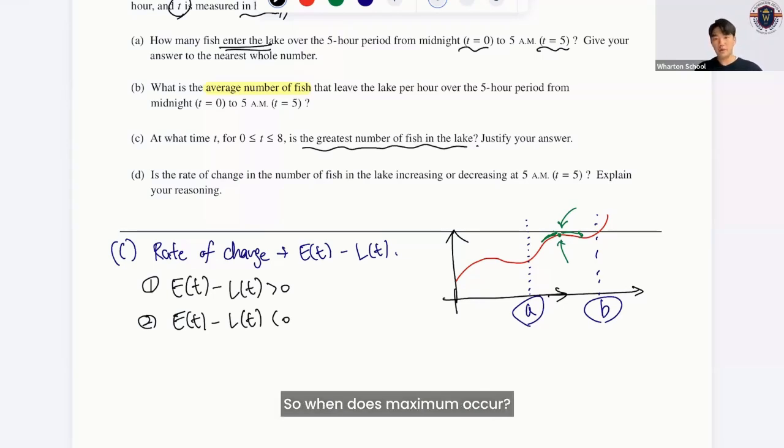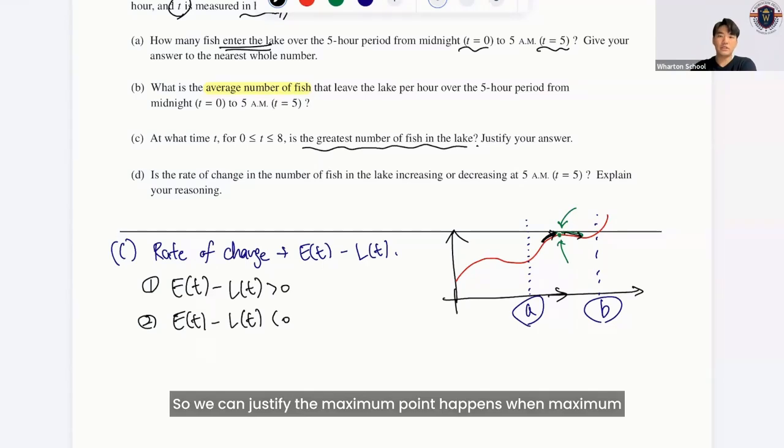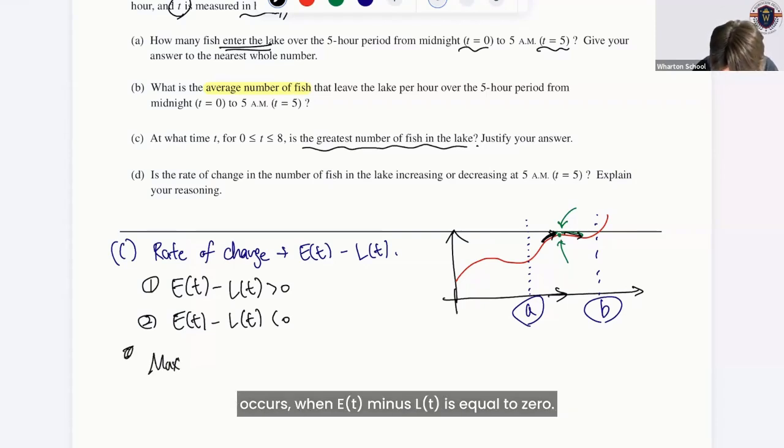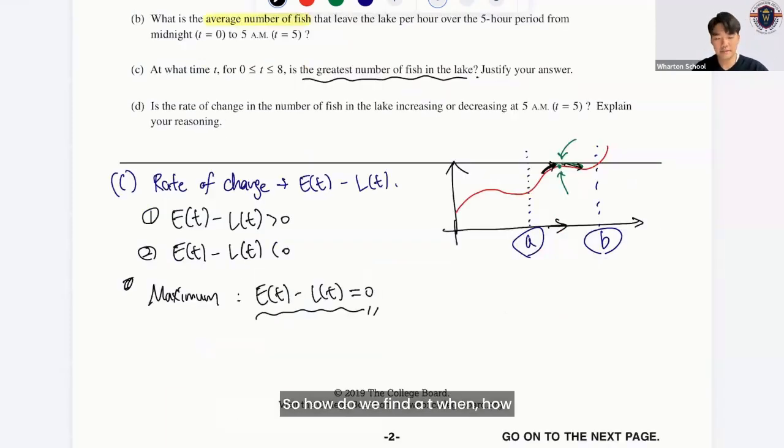So when does the maximum occur? When this rate of change is equal to 0, where the number of fish increases and then starts to decrease, right at that point. So we can justify that the maximum occurs when E(t) minus L(t) is equal to 0. How do we find t when this happens?